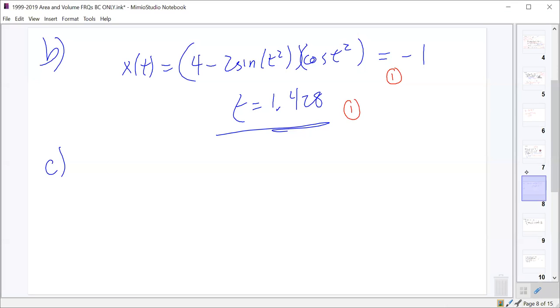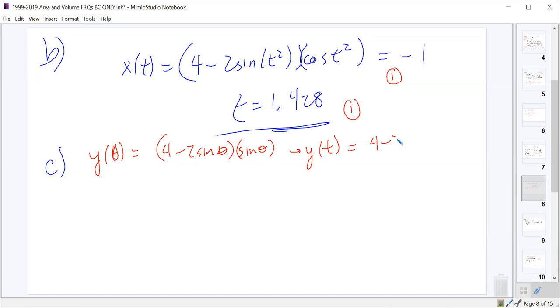But we're going to need the y coordinate. So y of theta ought to be 4 minus 2 sine theta times sine theta. And so that would make y of t equal to 4 minus 2 sine t squared times sine t squared.